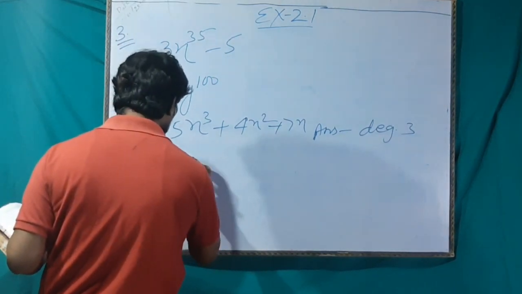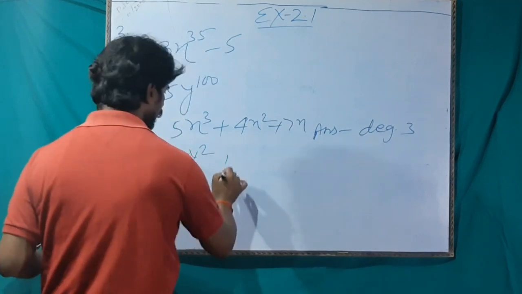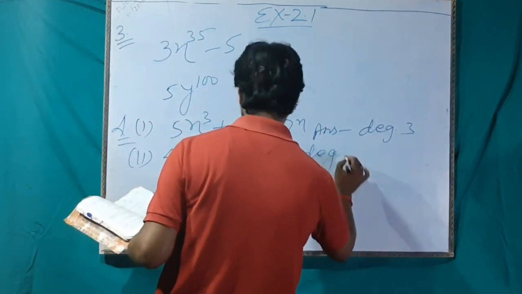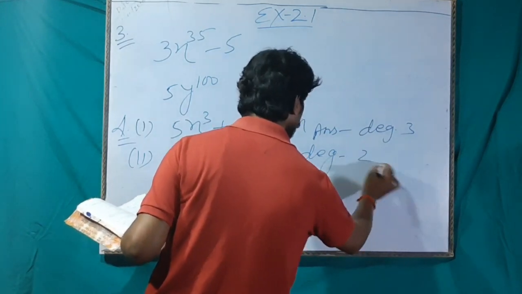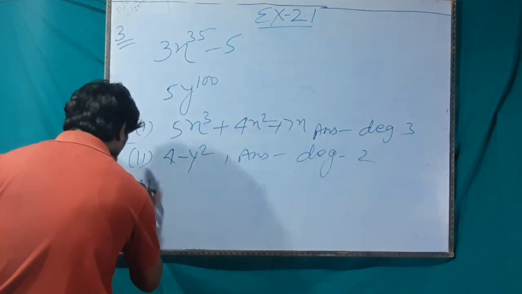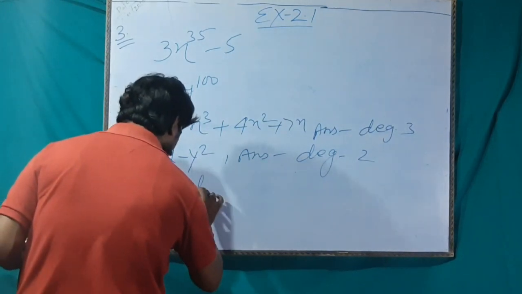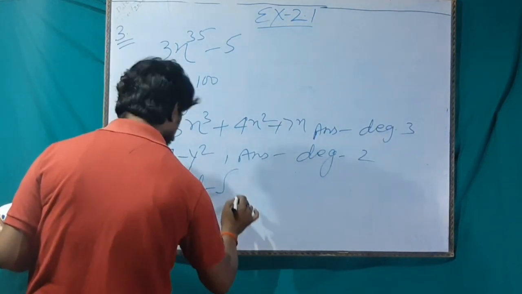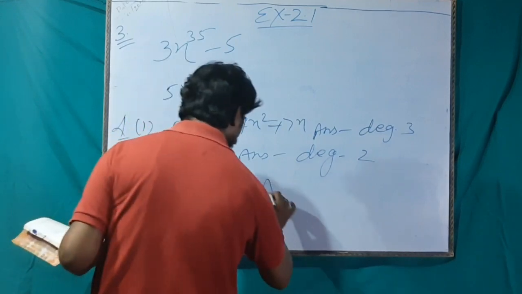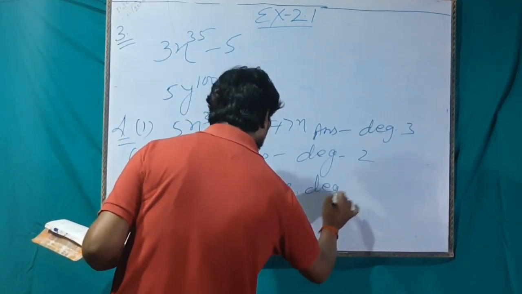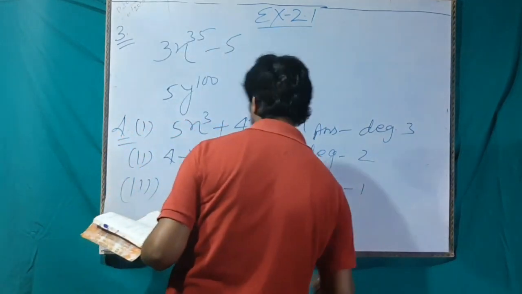For second, y 4 minus y square. Here the answer is degree 2. Third, 5t minus root 7. Here the answer is degree 1.